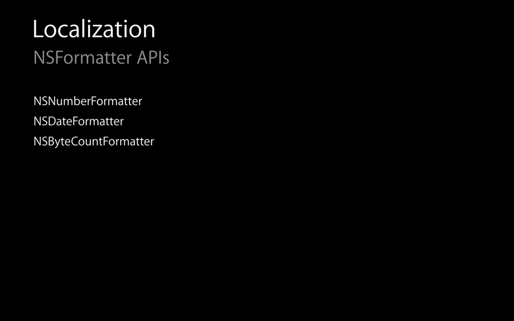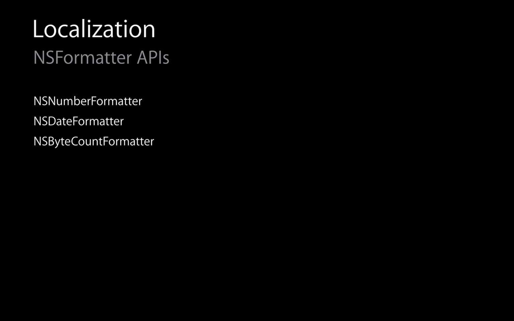Our users are spread all around the world. To be able to reach all of these people, it's really important that your app supports localization. Foundation already has a set of NSFormatters that let you localize things such as numbers, dates, and even byte count. You could use a number formatter to localize a quantity's value, but you'd have to localize the unit yourself.